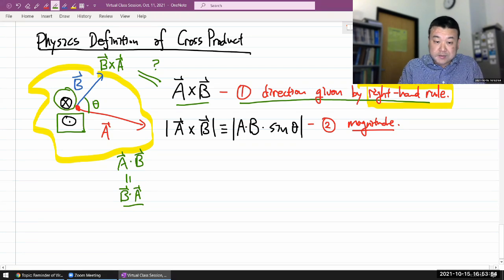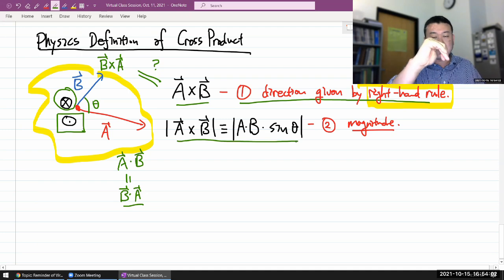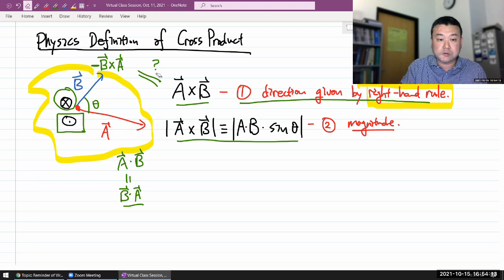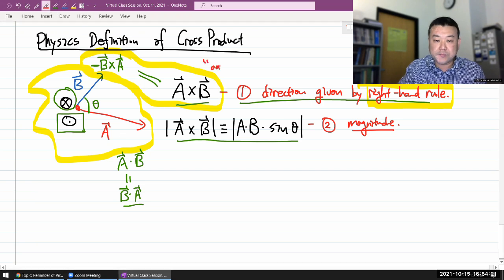So B cross A is not equal to A cross B. In fact, since the magnitude won't change, the only thing that changes with B cross A is the direction. It's in the exact opposite direction from what it was. You can say minus B cross A is equal to A cross B. Or, as we sometimes say, they anti-commute.